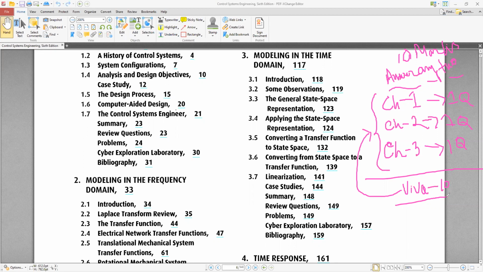Let's say I can ask you 5 questions and give you marks based on that, each question 2 marks. Or if I ask you 3 questions, each question will carry 3.5 marks, on average 3 or 3.5.